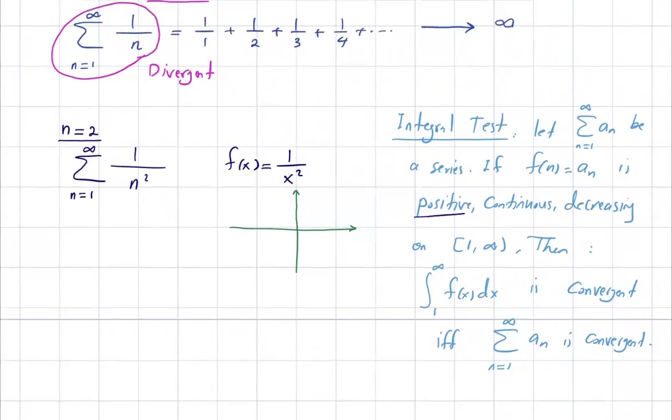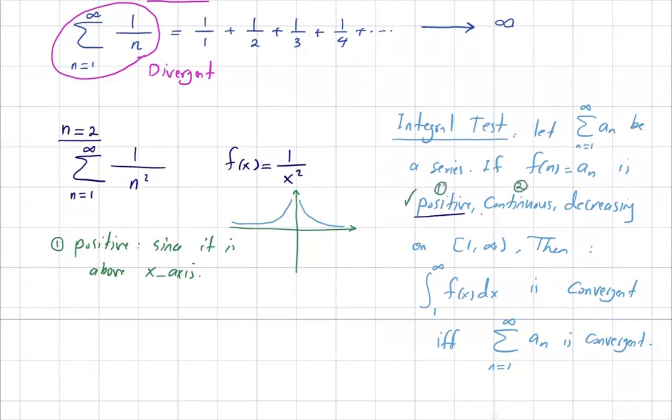So let me use a different color here for you guys. Okay, here we go. So this is the behavior of this function. It's positive since it is above the x-axis, or it is on the positive part of the y-axis. So definitely it is positive.